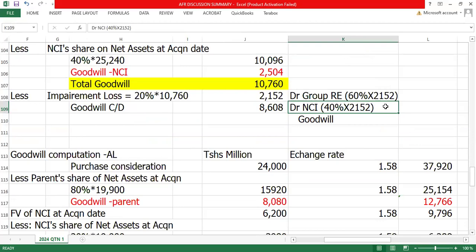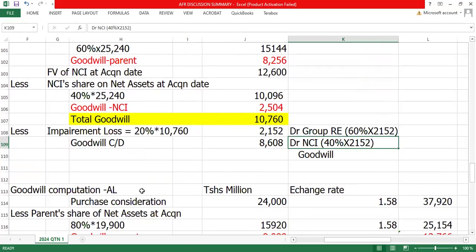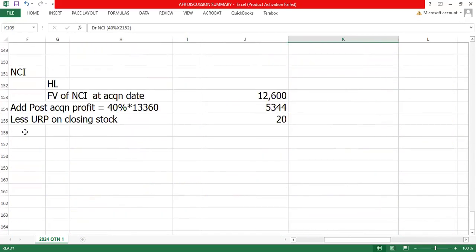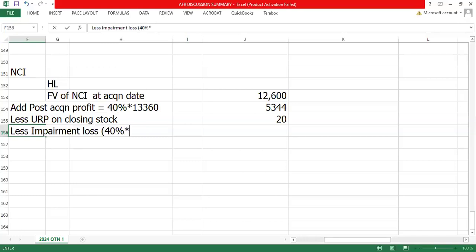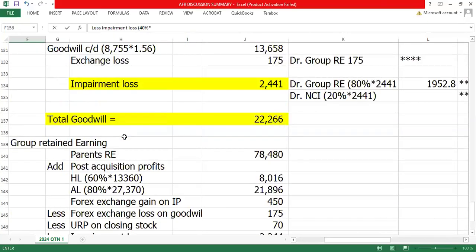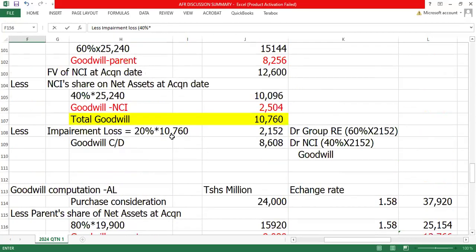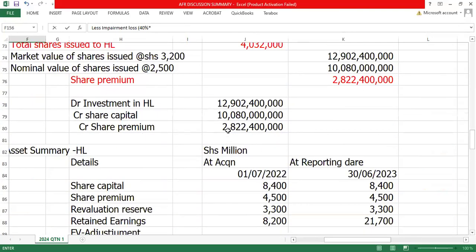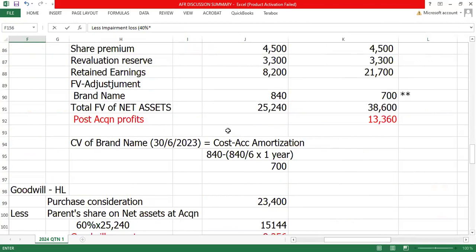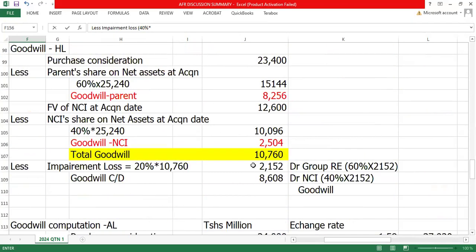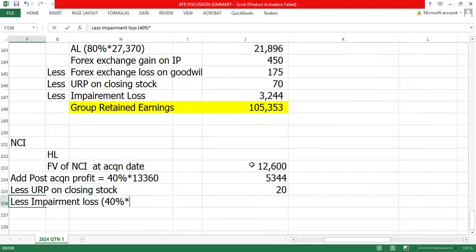Okay. Do we have any NCI? Yes, we have NCI here. Are you seeing this impairment loss? The impairment loss was 40% times 2152.